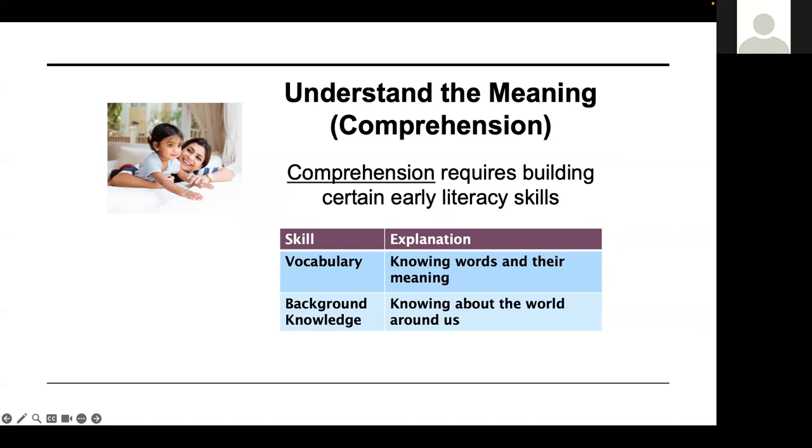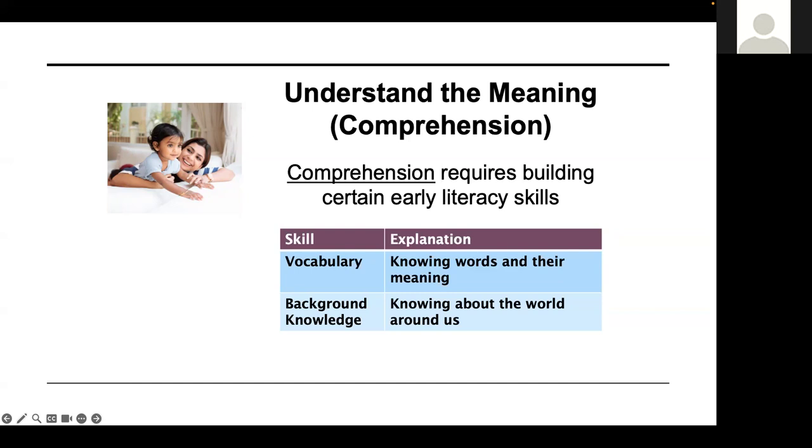So, vocabulary, of course, is knowing words and their meaning. And background knowledge is knowing about the world around us, the prior knowledge that the child has about the world before entering school. So, the more background knowledge children have, the easier it will be for them to understand what they read, to make connections, and to comprehend.